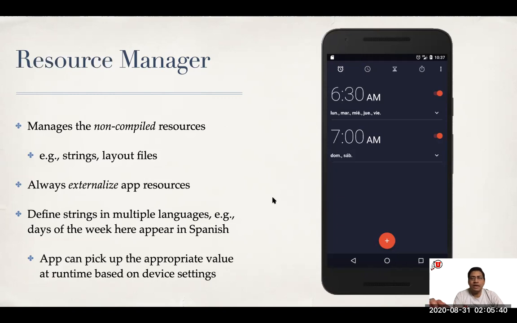It's always a good idea to externalize the app resources. That is, do not create strings, for example, in your Java file. Instead, rely on these XML resources, which are external to the Java file. I'll briefly talk about the advantage of this. We'll see how to use this for the example given much later in the course.